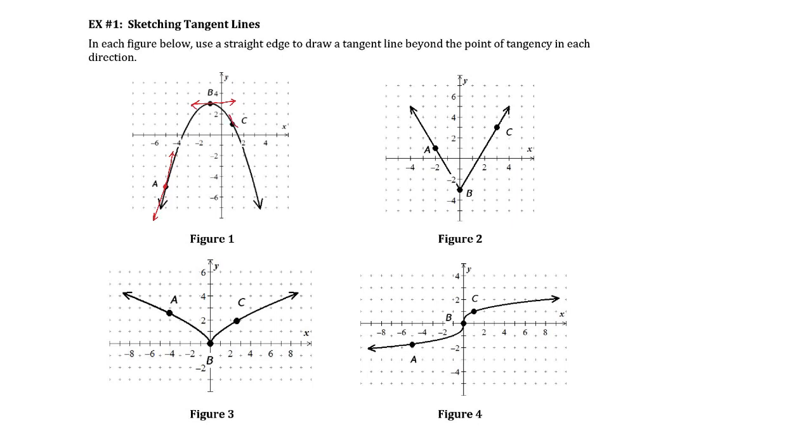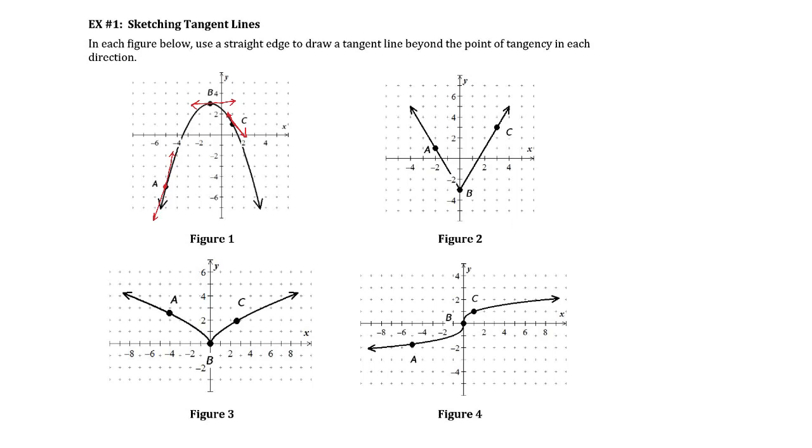As we go around the function, when the function is increasing, the slope of that tangent line is positive. Whenever our graph is decreasing, the slope of the tangent line is negative. And whenever we're neither increasing nor decreasing, our slope would be 0. So those are important for us to keep in mind.